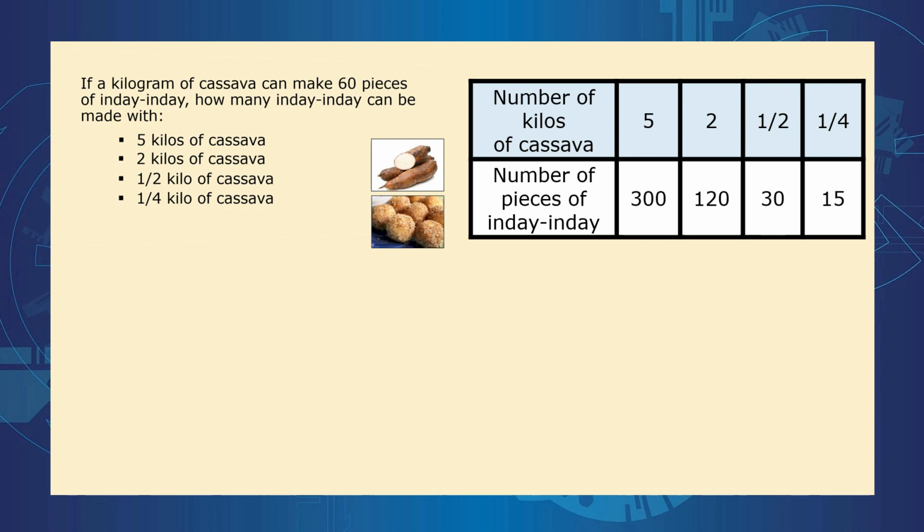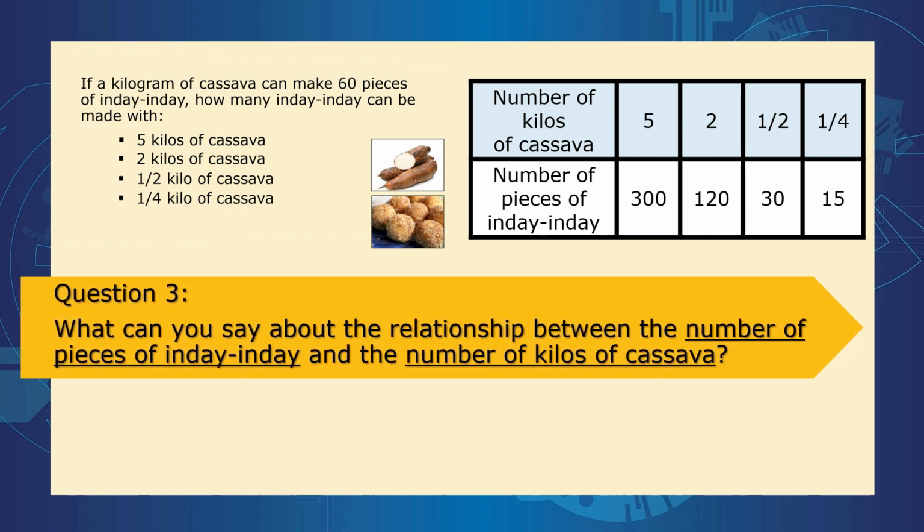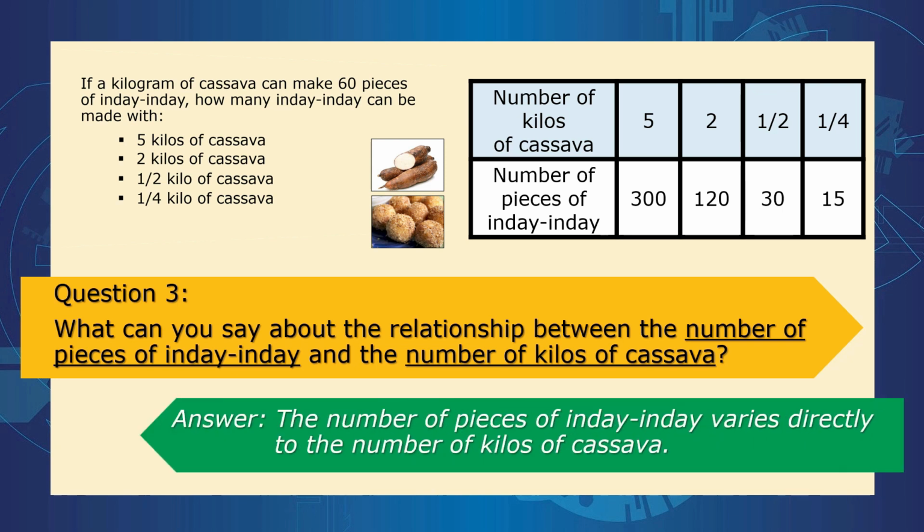Next, question number 3. What can you say about the relationship between the number of pieces of inday-inday and the number of kilos of cassava? Very good. The number of pieces of inday-inday varies directly to the number of kilos of cassava. In short, they are proportional to each other.